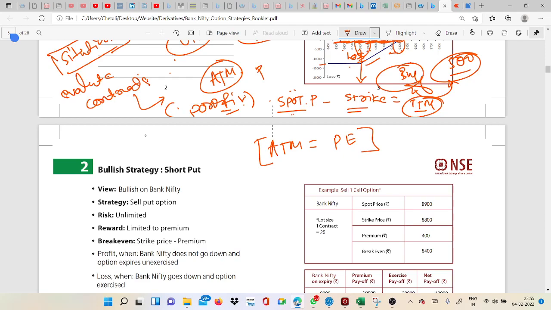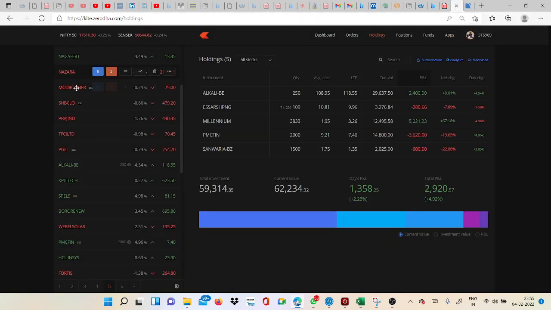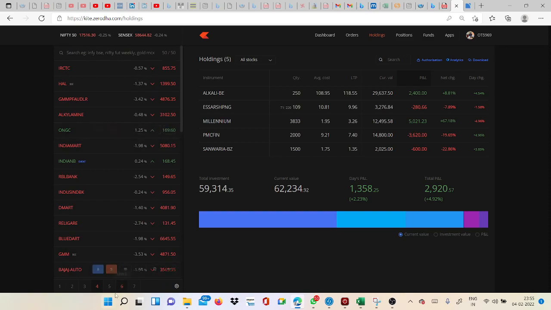But for a put, we'll see that first of all on the site. Let's say the current market price of NSE is 17,516, which is the current price of NSE.